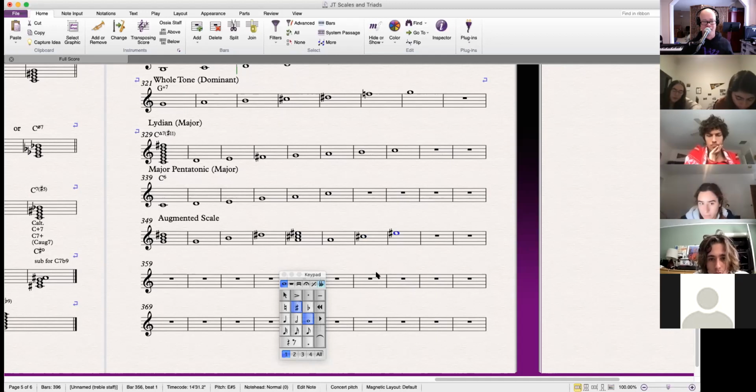Okay, so that's our source material for this scale. This is how it's derived from 2 augmented triads. Okay. Now, let's go ahead and build the scale underneath it.